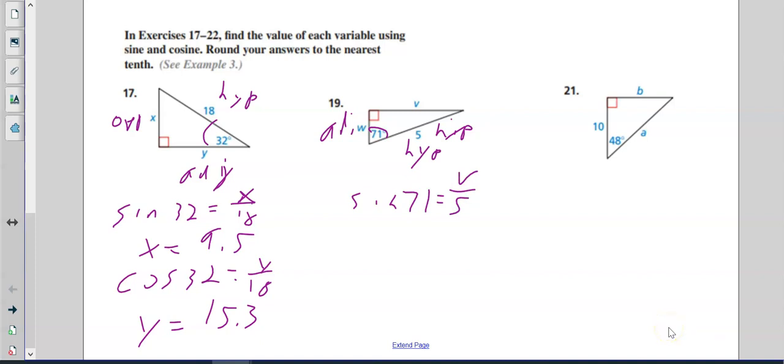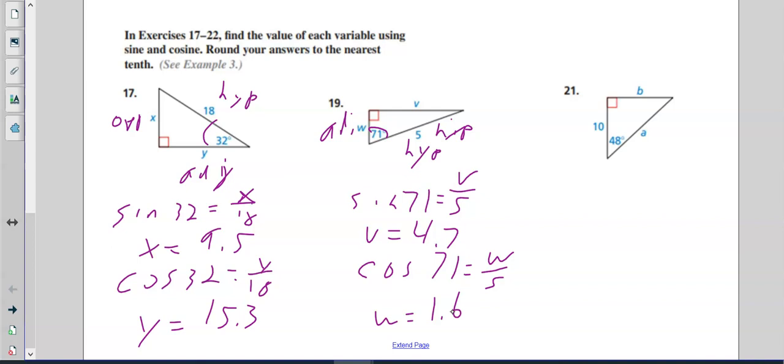We're just going to multiply both sides by 5 with our calculator, and we get 4.7. To find w, we're going to use cosine because it is adjacent. So cosine of 71 equals w divided by 5. Again, multiply both sides by 5, and we find out that w is equal to 1.6.